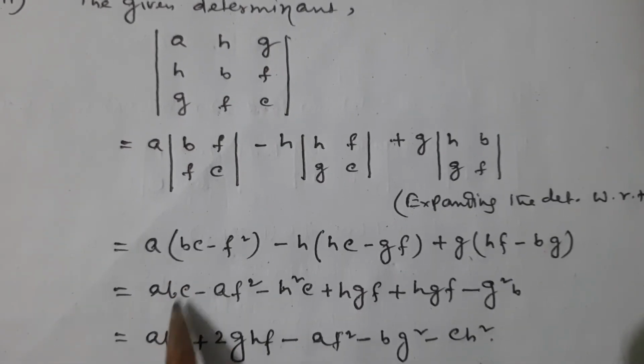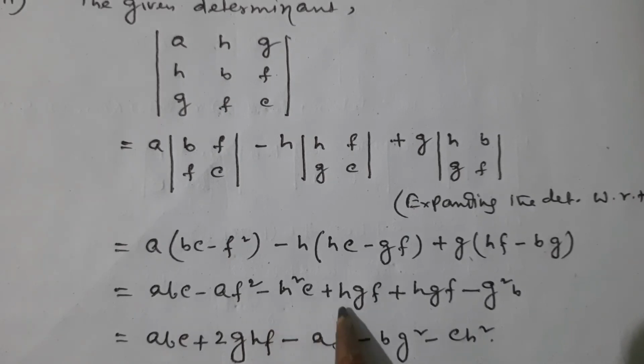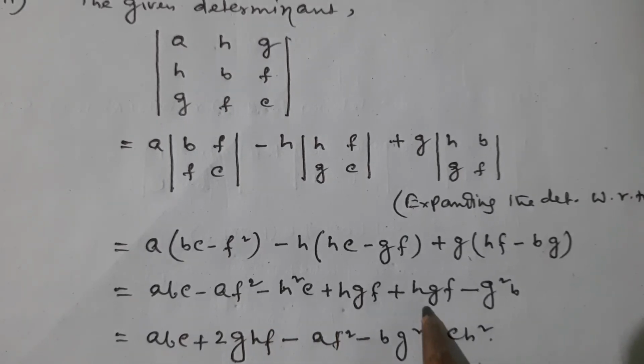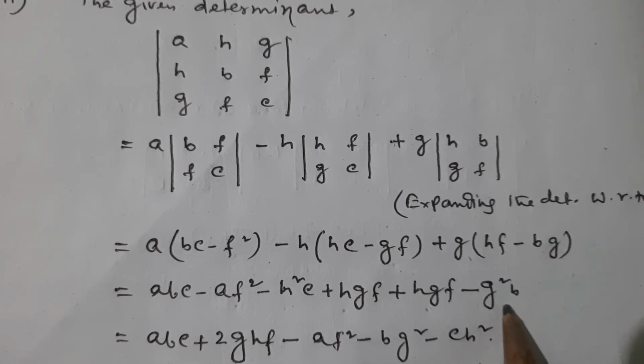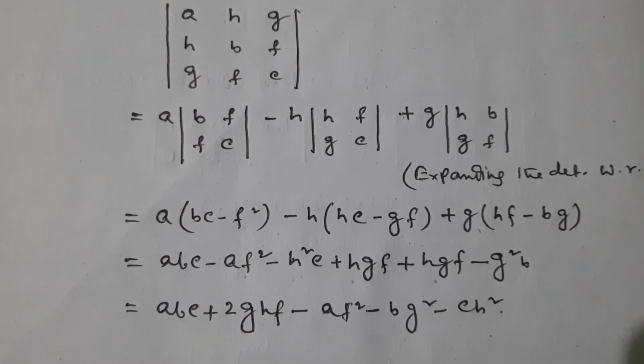If we simplify, we get ABC minus AF square minus H square C plus HGF plus HGF minus G square B. That can be written as ABC plus 2GHF minus AF square minus BG square minus CH square.